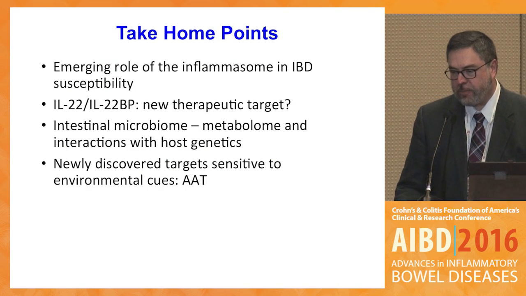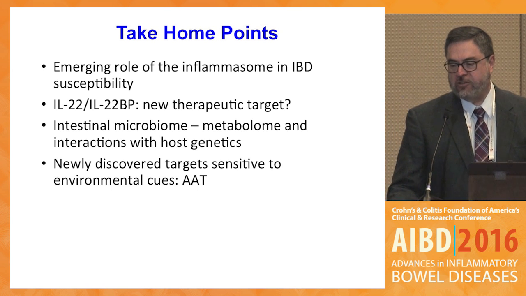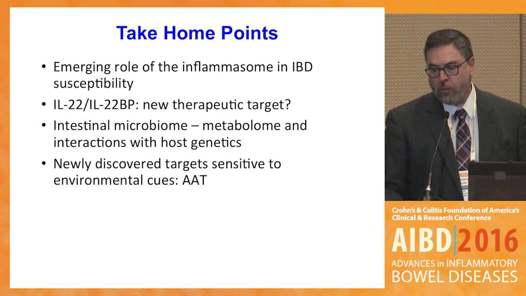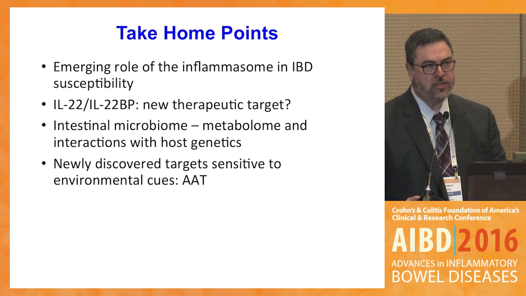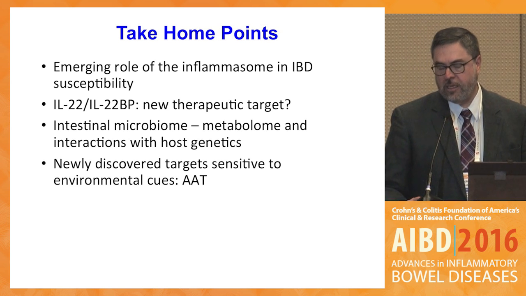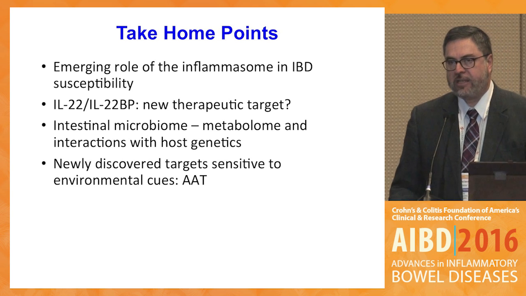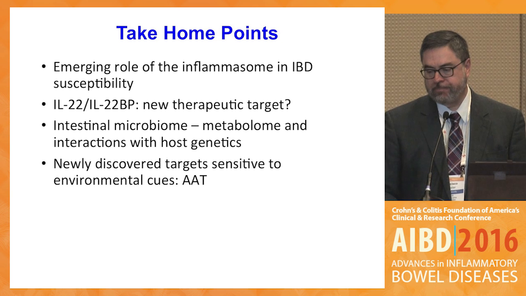So what are the take-home points? So we have an emerging role of the inflammasome in IBD susceptibility and pathogenesis. We have newly discovered targets that are sensitive to environmental cues such as alpha-1 antitrypsin in the role of salt in the diet. We may have IL-22 and its binding protein as new therapeutic targets.